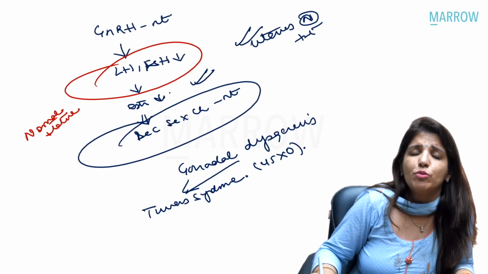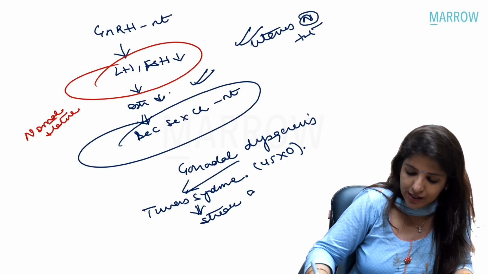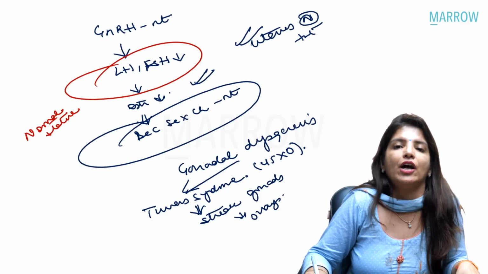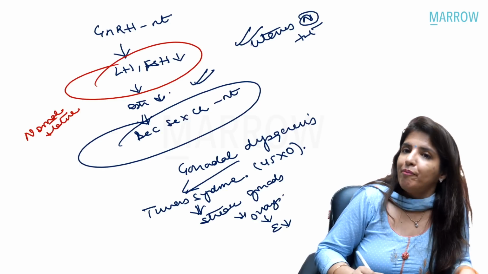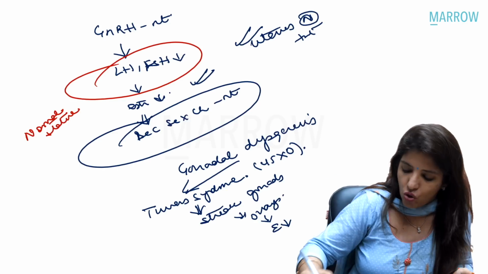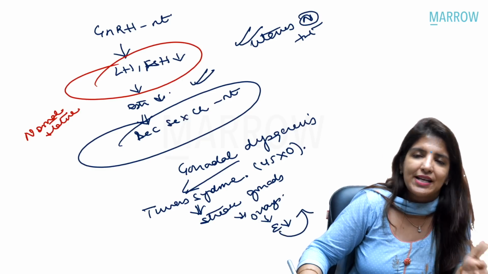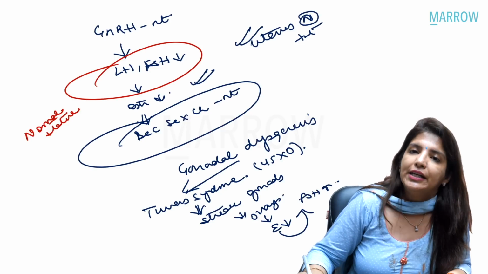Because chromosome number is 45XO, the gonads are streak. That means the ovaries are present, but they are not properly functioning, because of which estrogen is less. Because estrogen is less, the negative feedback on FSH is gone. All of you know that estrogen inhibits FSH. So, FSH will be increased.